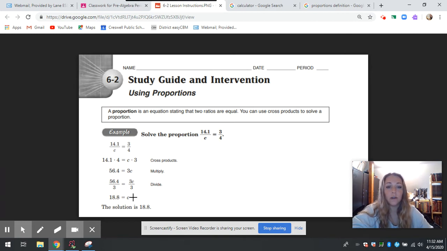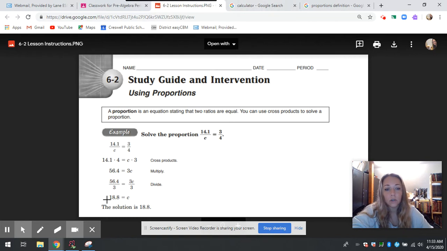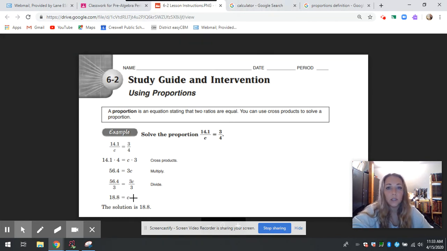Another explanation of how this works: when we do 3 divided by 3, anything divided by itself is 1. So if we have 1 times c, that's c. So ultimately now on this side, we have c by itself. On this side, we have to do 56.4 divided by 3. And if you do that in a calculator, you get 18.8 equals c. So your solution is c equals 18.8.